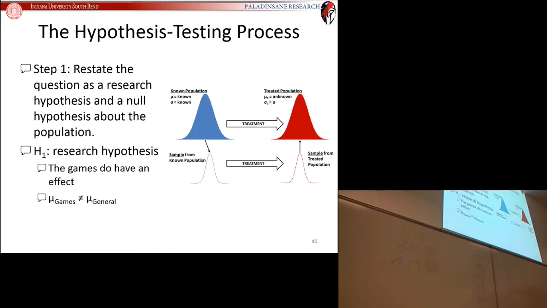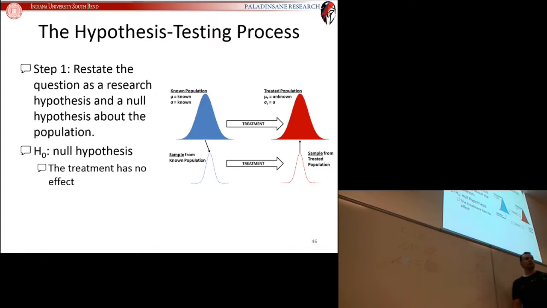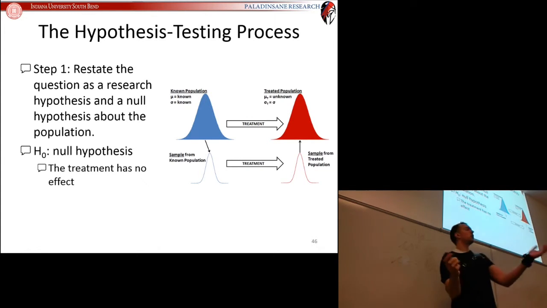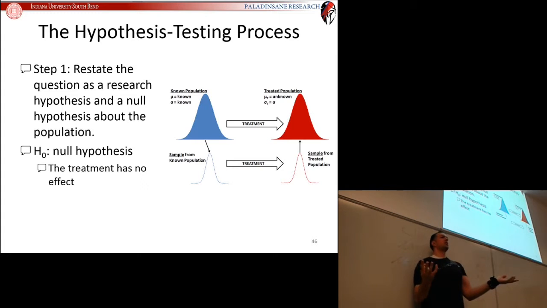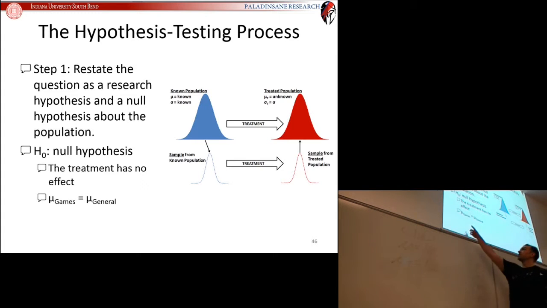It's changed the mean. On the other hand, the null hypothesis is that the treatment has no effect. Our games program is no good at increasing self-esteem. It does nothing. In that case, if we applied it to the population, the mean self-esteem of the game students would be the same as the mean self-esteem for the general students.